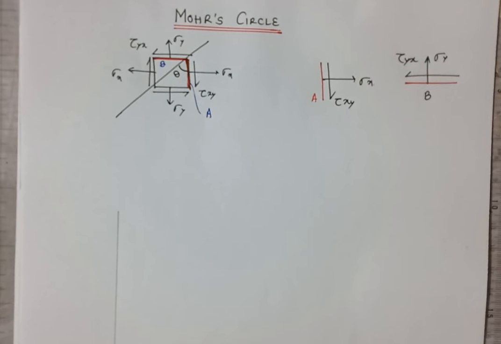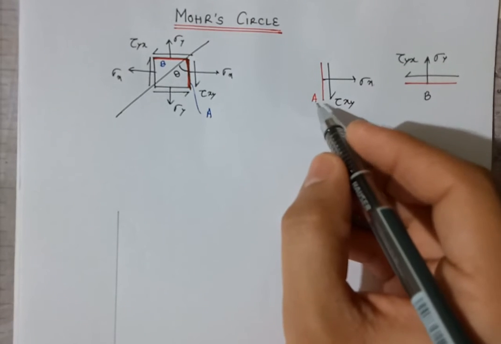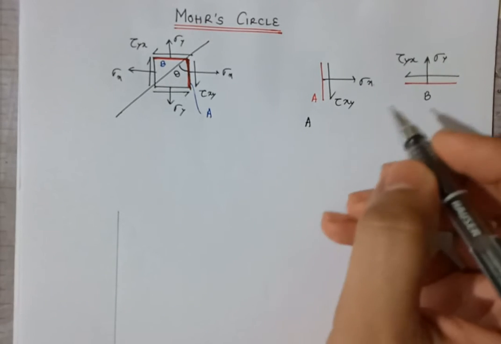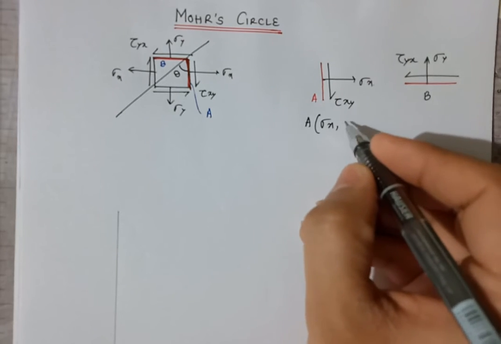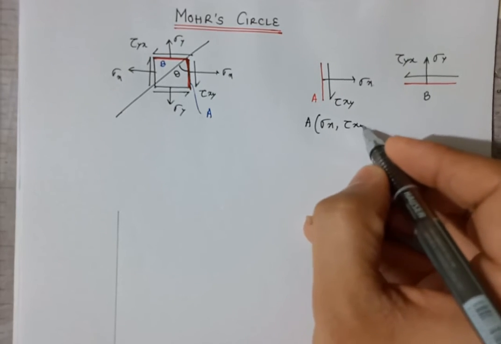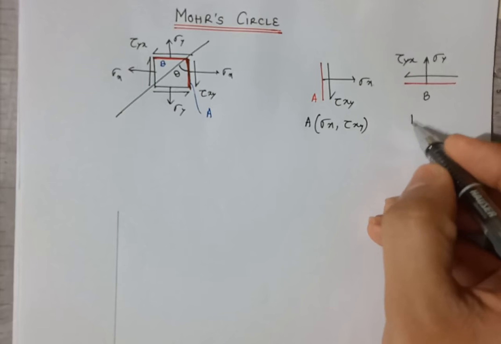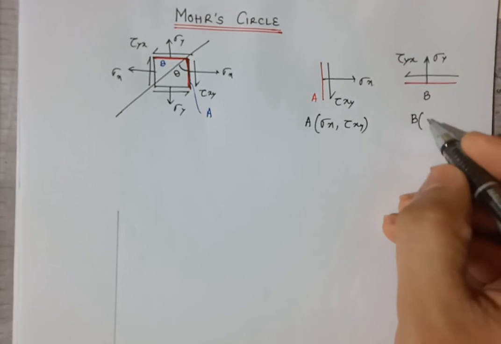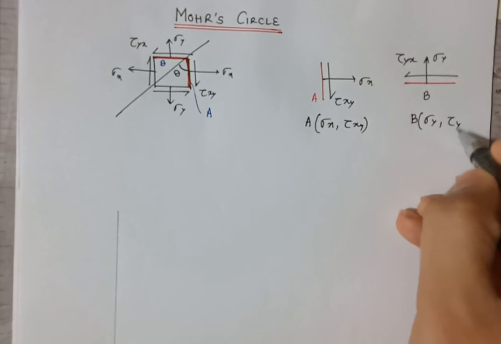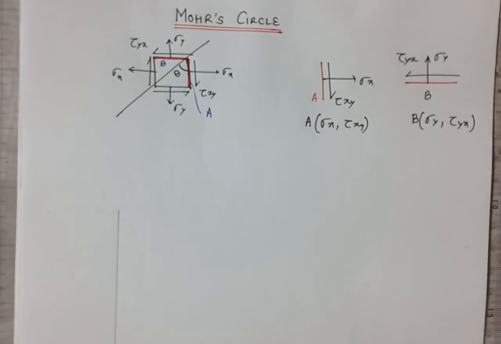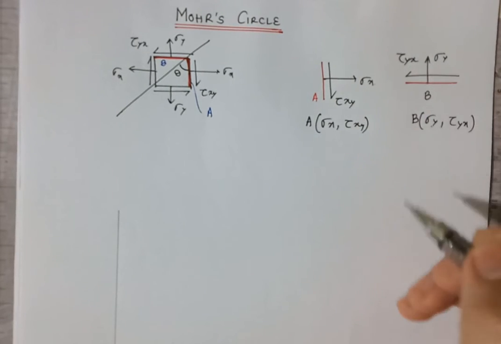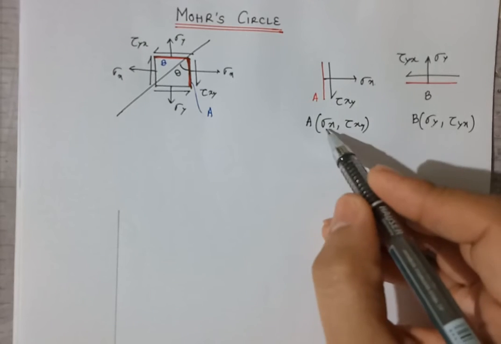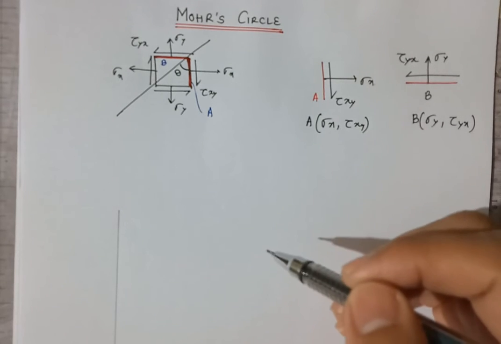Now how can I represent plane A? Plane A can be represented by the two stresses acting on it, that is sigma x comma tau xy. Similarly, plane B can be represented by sigma y comma tau yx. Here sigma y is positive because it is tensile in nature, and sigma x is positive because it is tensile in nature.